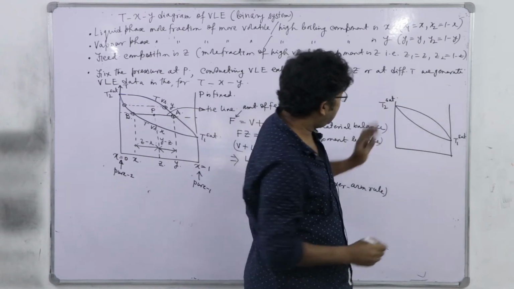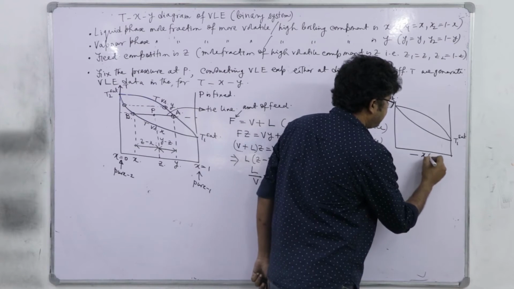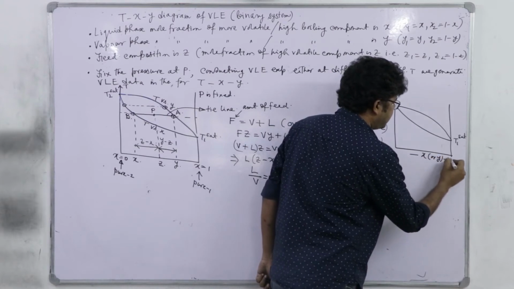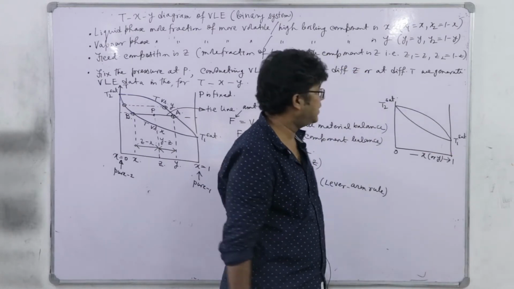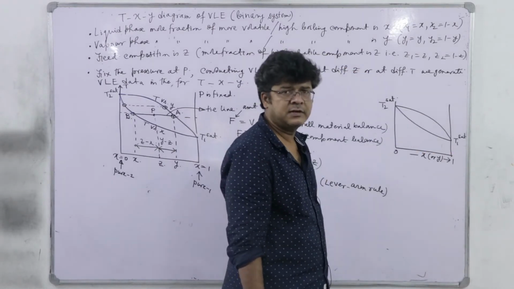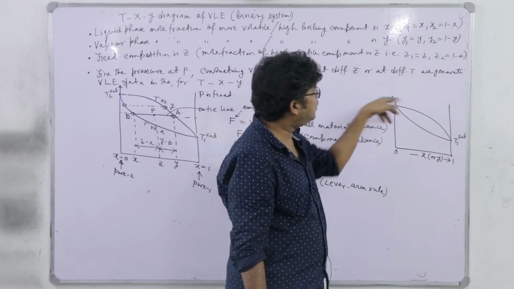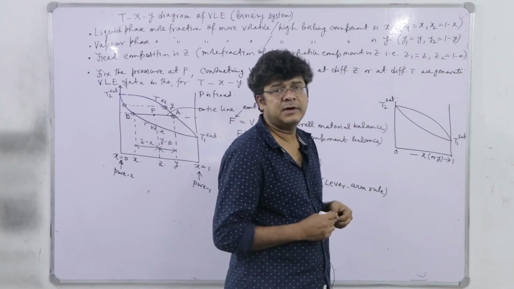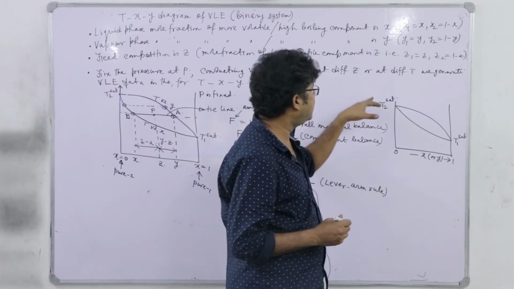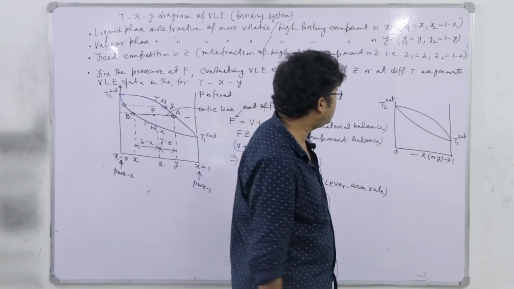So, the graph from this x or y between 0 to 1 will be moving downward, right. It may be having an intermediate maxima, but it will be moving downward. Why? Because the T1 sat, which is the high boiling component, must have a lower boiling point compared to T2 sat, which is a low boiling component.